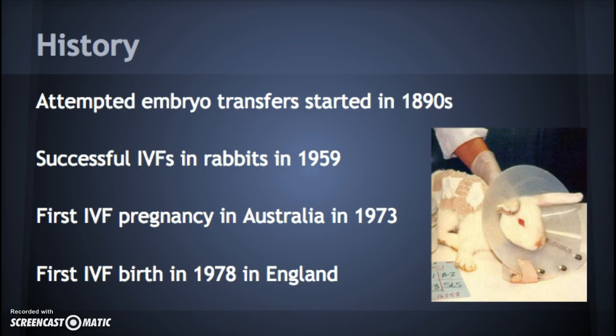The first successful IVF, or in vitro fertilization, which will be explained later, was done in rabbits in 1959 in China. The first IVF pregnancy in humans was in 1973, and the first successful IVF birth was in 1978 in England. The one in 1973 occurred, she became pregnant, however, unfortunately, the baby died of an early miscarriage.